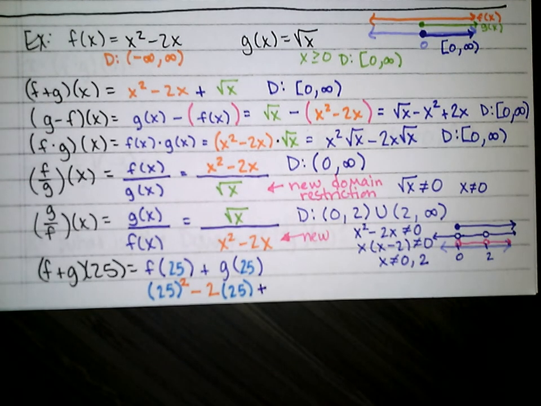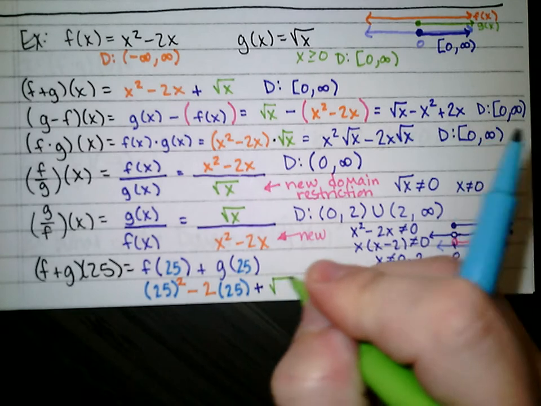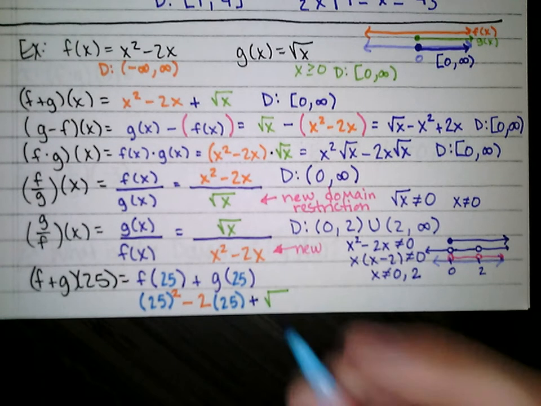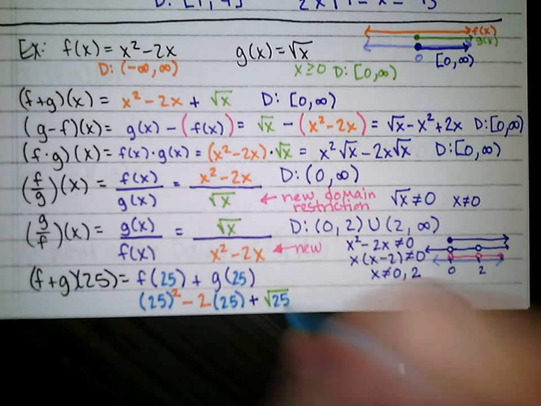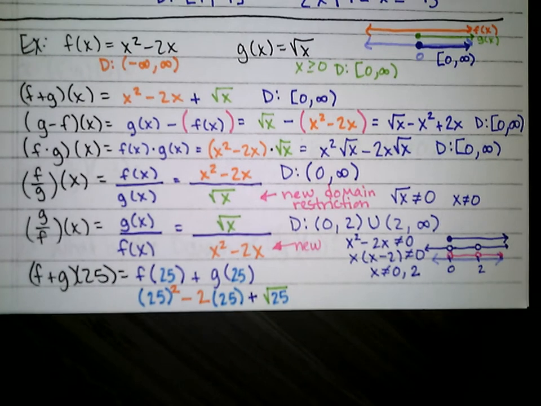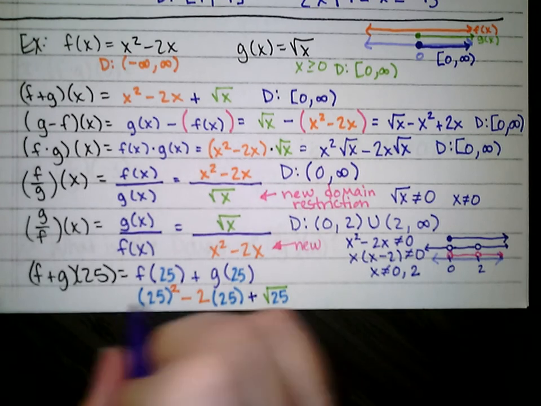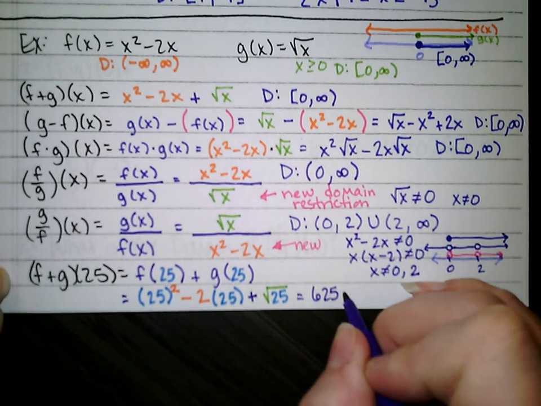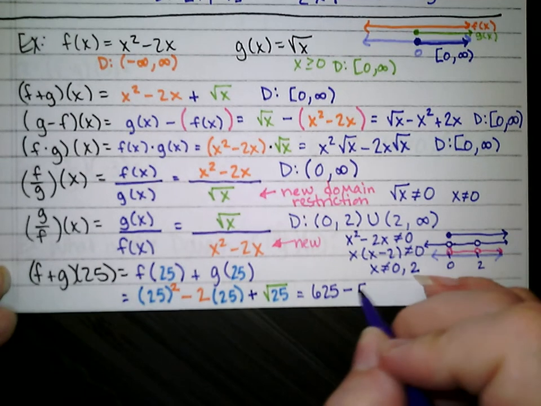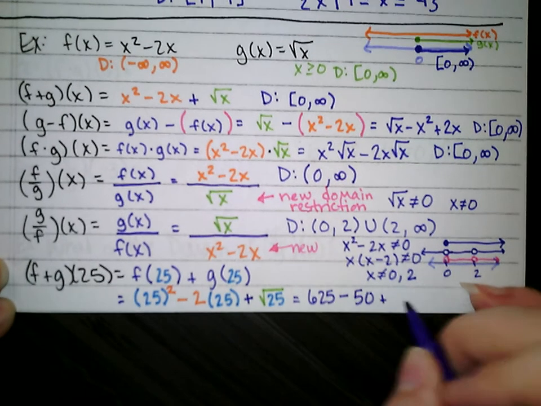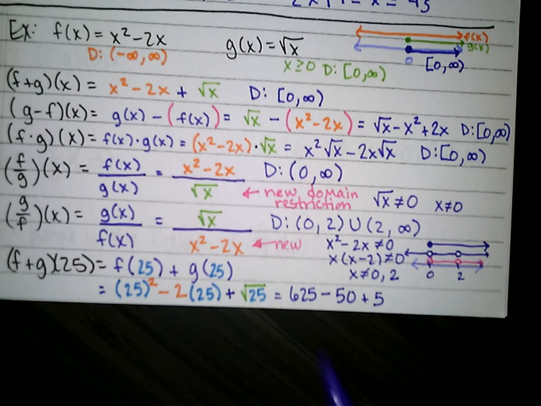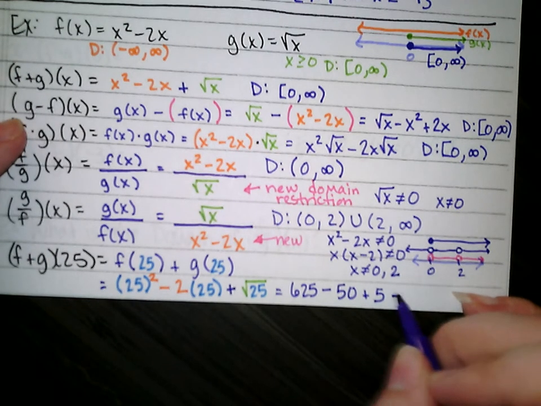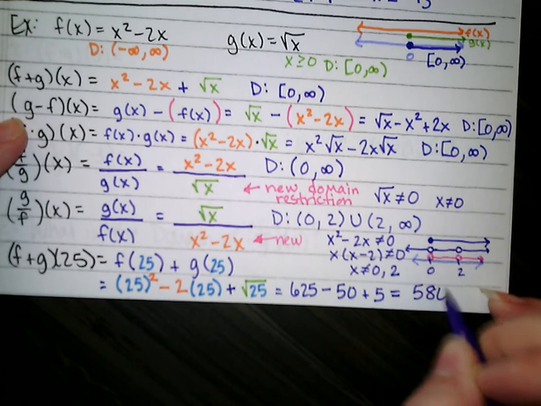G of x was the square root of x, but instead of square root of x, I'm replacing that x with the input of 25. So square root of 25. And then I just work through that. Okay, so 25 squared is 625. Minus 2 times 25 is 50, plus square root of 25, which is 5. Let's see, 625 minus 50 would be 575, plus 5 would be 580.